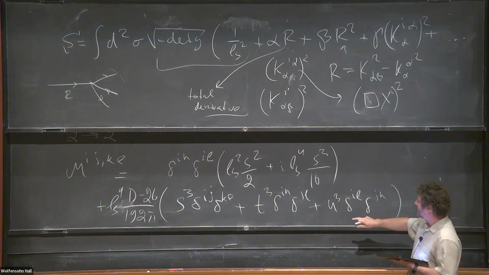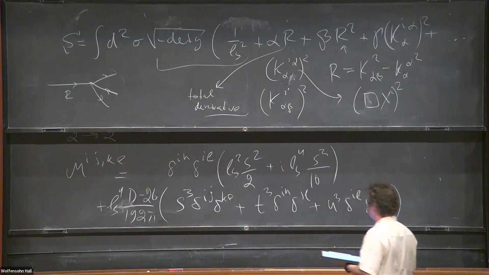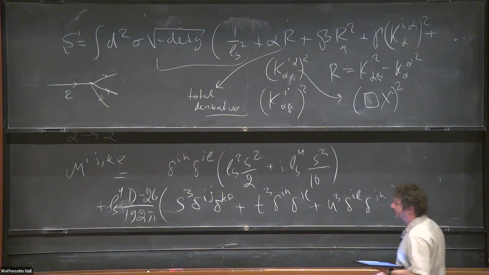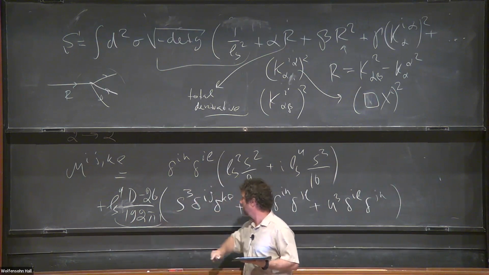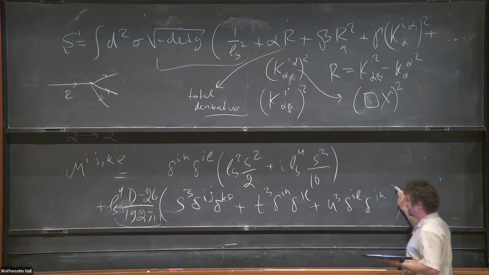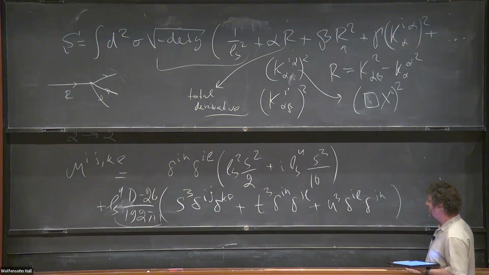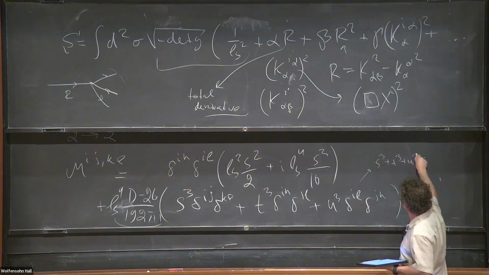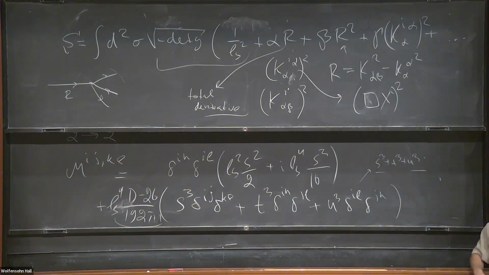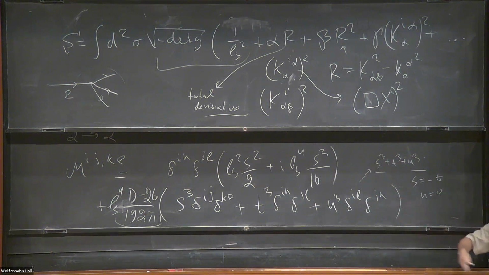Actually, there is one point which will be important later: there is a caveat to this argument at D equals 3. If one looks at this prefactor, nothing special happens at D equals 3. But if one looks at this expression here, we have a single flavor, so there is only a single channel. This amplitude reduces to s cubed plus t cubed plus u cubed. And two-dimensional kinematics is such that either s equals minus t and u equals 0, or s equals minus u and t equals 0.